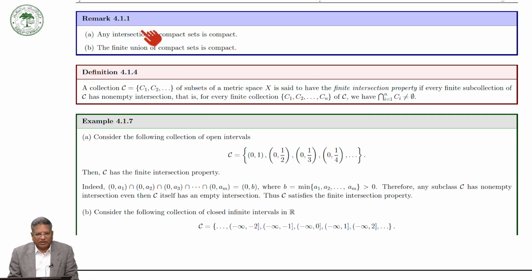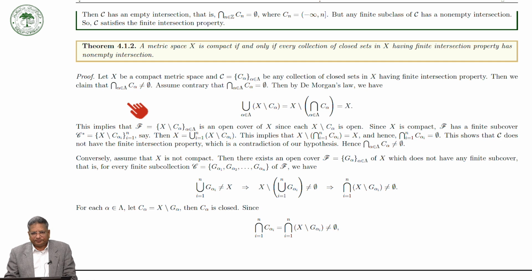This we have proved, and then we have given the remark that intersection of compact sets is compact, and finite union of compact sets is compact. And then we defined the finite intersection property. So a collection C of subsets of X is said to have the finite intersection property if every finite subcollection of C has non-empty intersection.